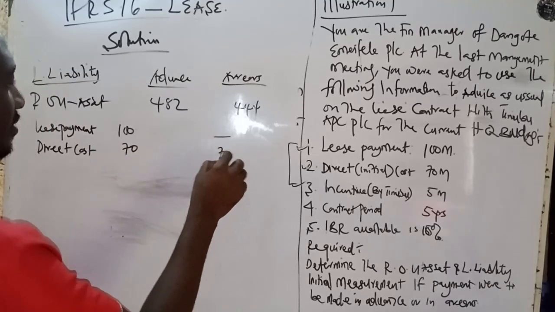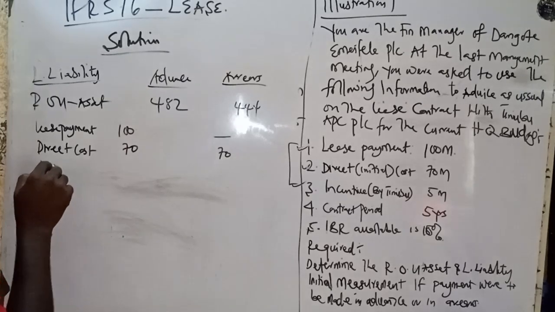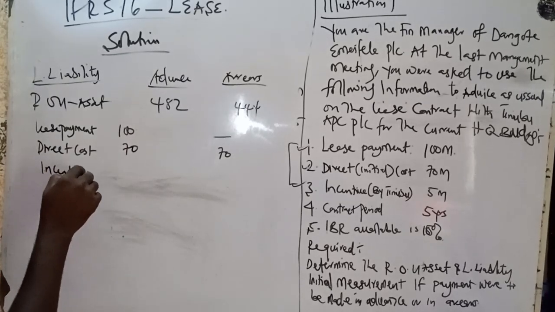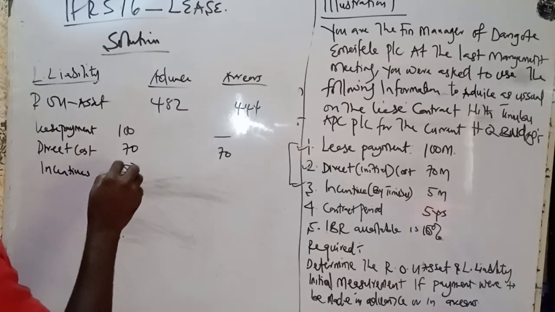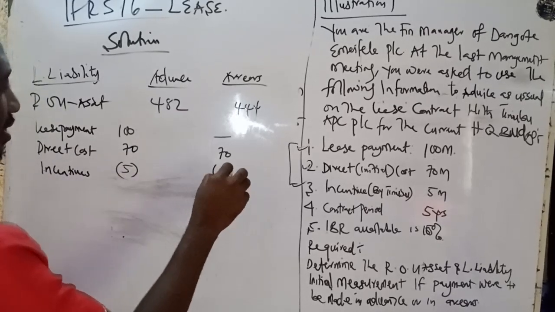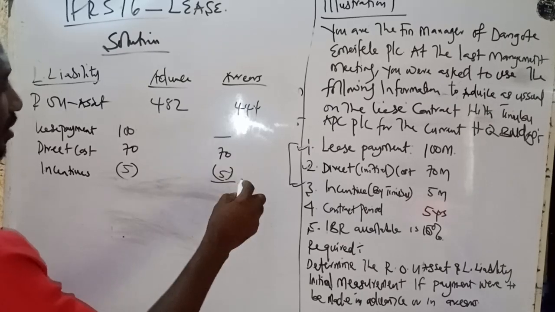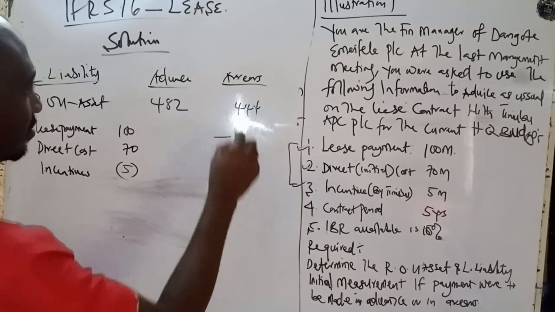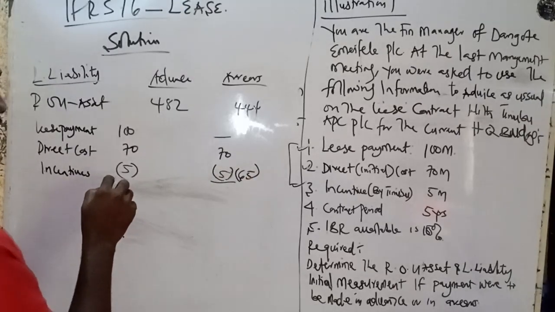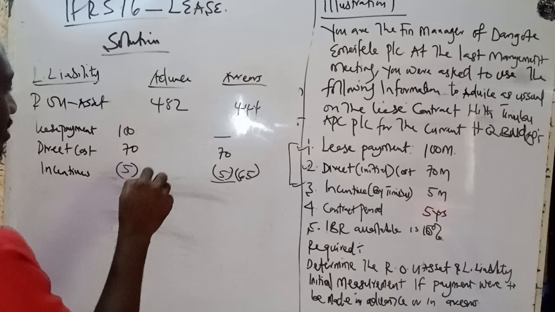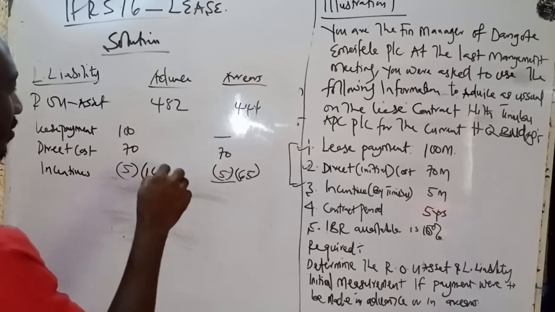This one too, we have 70. Then you have incentives. Remember, your incentives will always be netted off from your direct cost. So we have netted it off. This is 5. So here we're going to have 65 that will be taken from this one. Here we're going to have 165 that will be taken from this one.